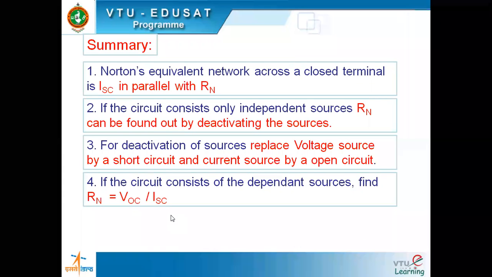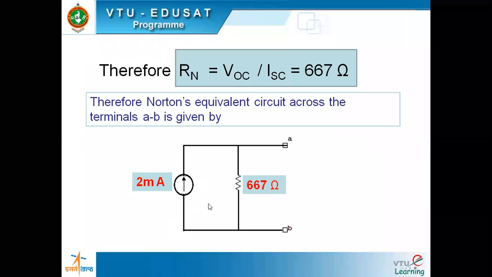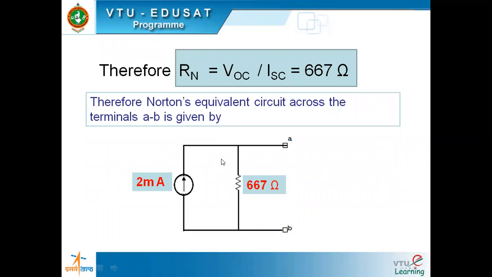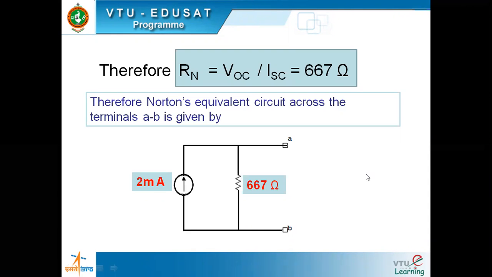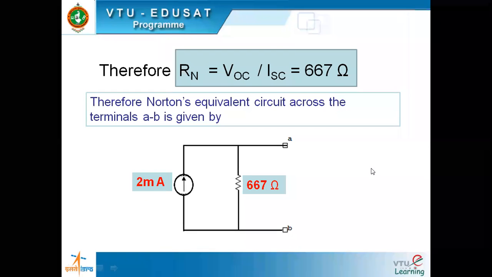So this is important. Source transformation is possible because there is a current source in parallel with the resistor. If you transform this, you will get the Thevenin's circuit. By source transformation, we can get Norton's from Thevenin's, and Thevenin's from Norton's. Understand that?